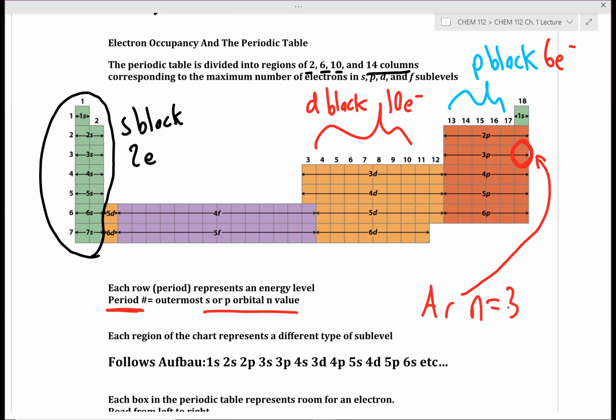The p block, more specifically, the p block for what orbital? 3p. Yep. So notice the row number corresponds to the n value of the outermost s or p orbital. This will be useful to help shortcut in writing electron configurations.